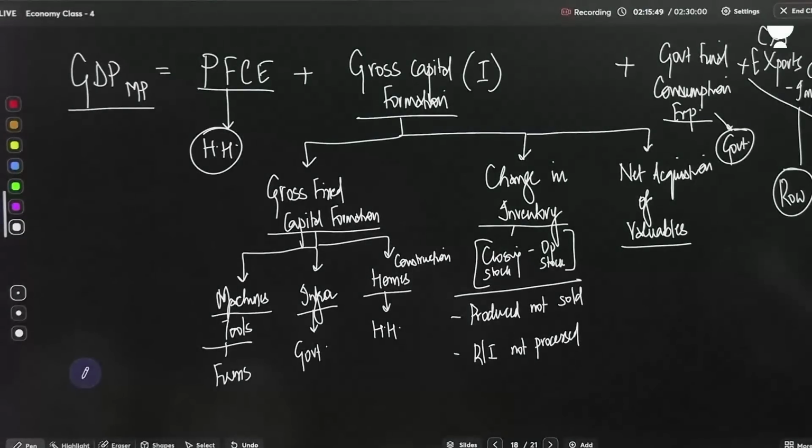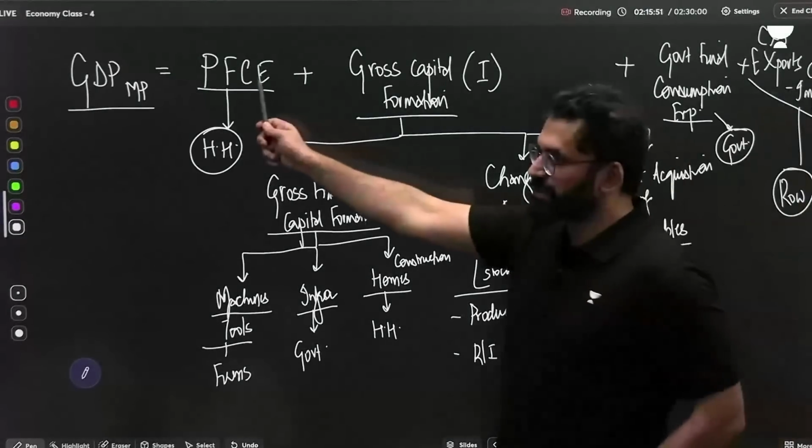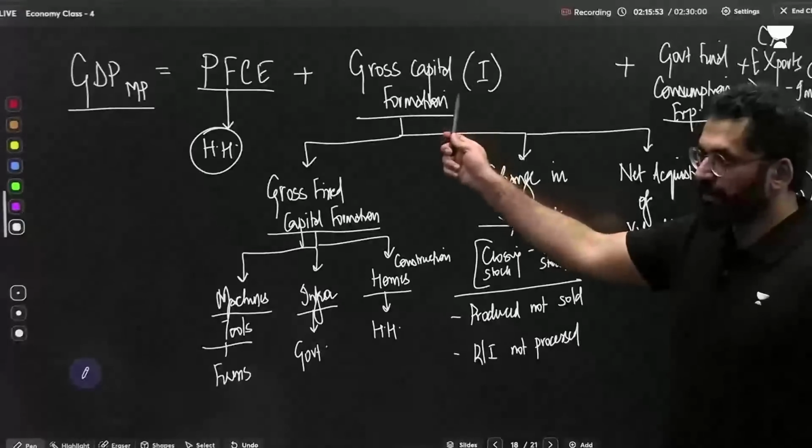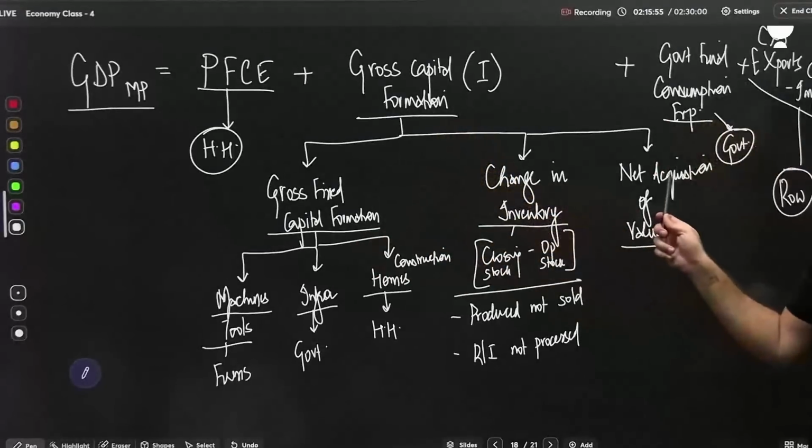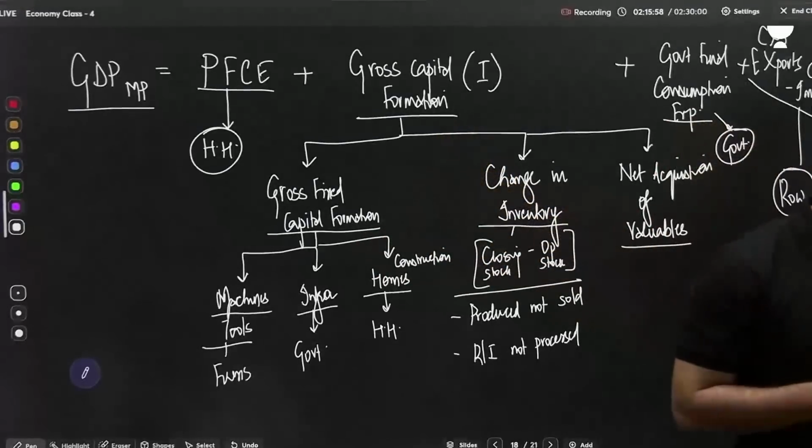So first is private final consumption expenditure. Second is gross capital formation, where we have discussed three components. Then third is government final consumption expenditure.